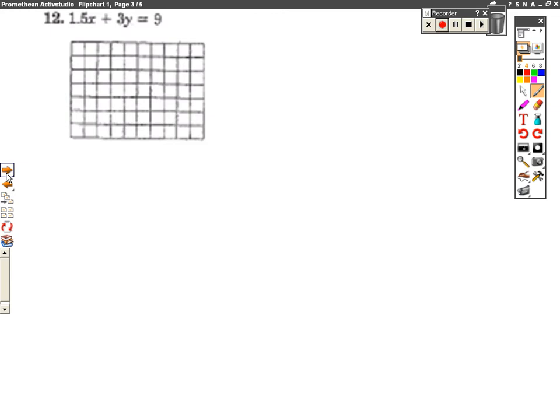Last one. I told you guys that I wanted you to graph this using the intercepts. So we want to solve for y. Always, it's much better if it says y equals. I'm going to subtract 1.5x on both sides.